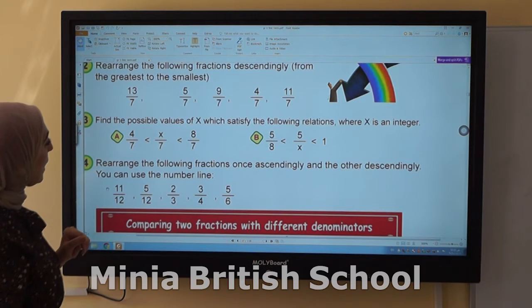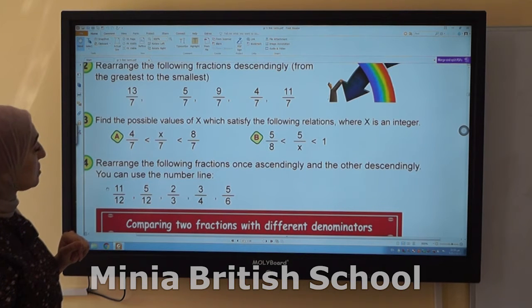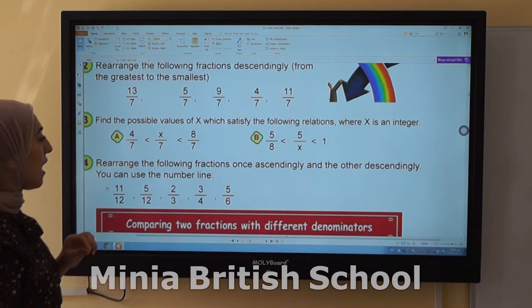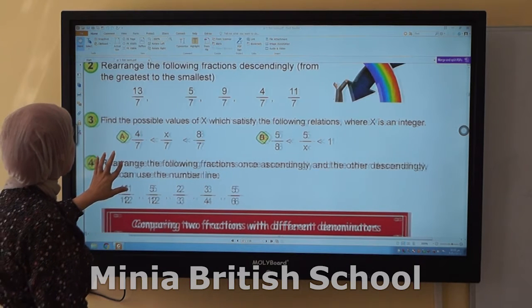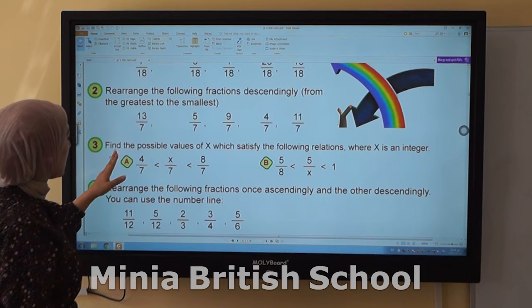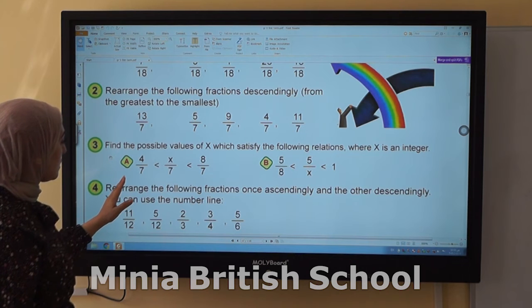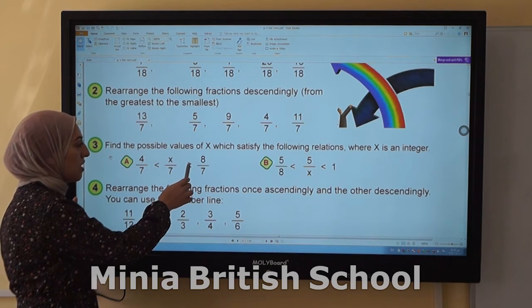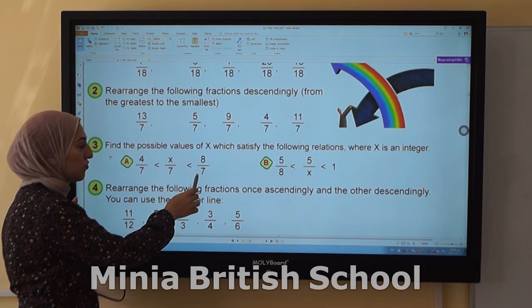Find the possible values of x which satisfy the following relations, where x is an integer. Here, 4 over 7 is smaller than x over 7, which is smaller than 8 over 7.